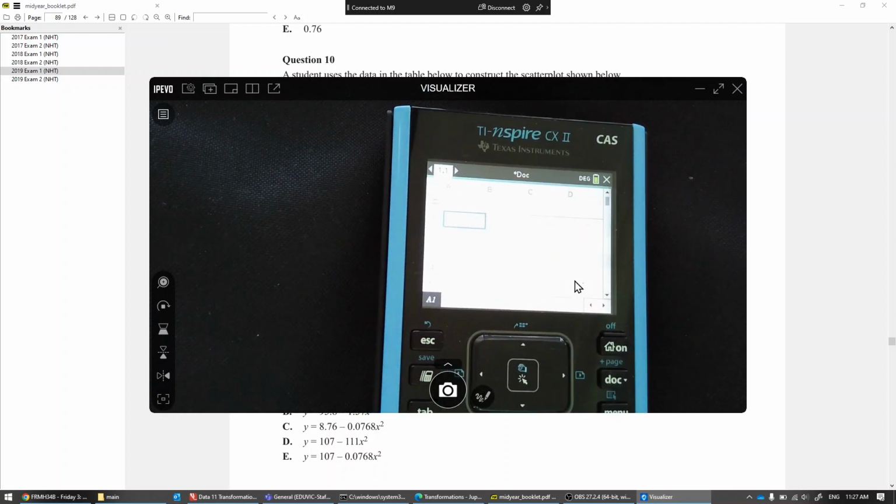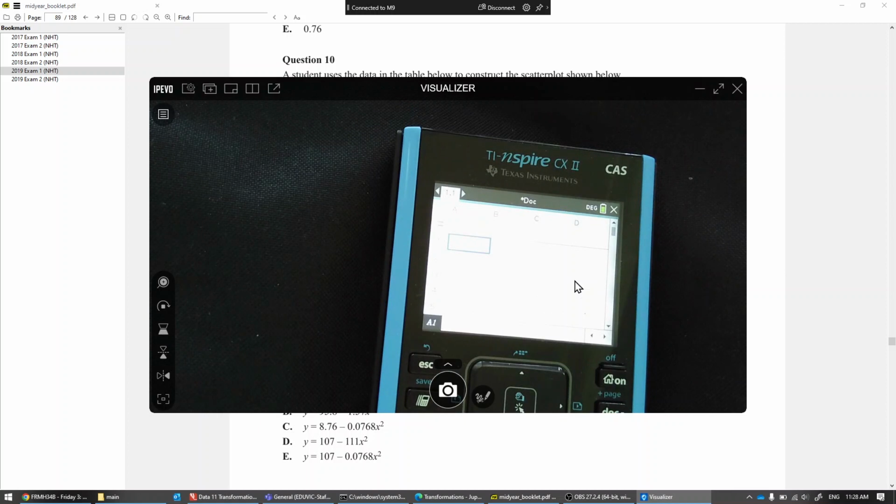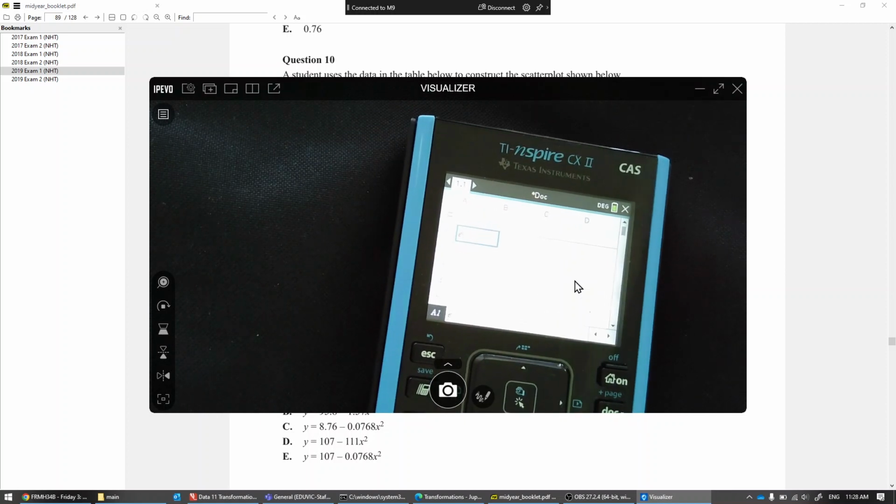So please make sure you are following this section because you will need to do this on the SAC. If you ask me how to do something on the calculator during the SAC, I'll say, sorry, can't help you. List and spreadsheet, and then please enter in the data from question 2. So I'll call X the EV.